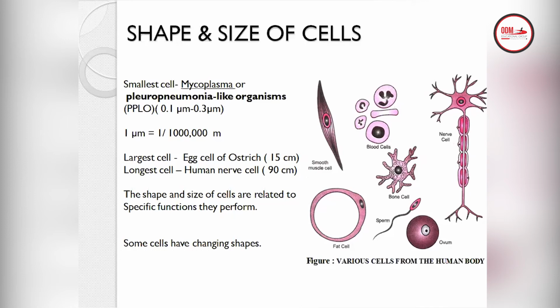Phagocytosis nutrition. Now, in our body we also have some cells which have changing shapes, like a type of WBC called macrophages.